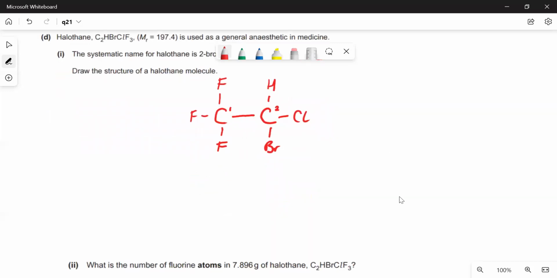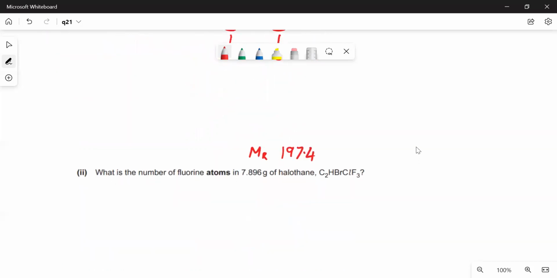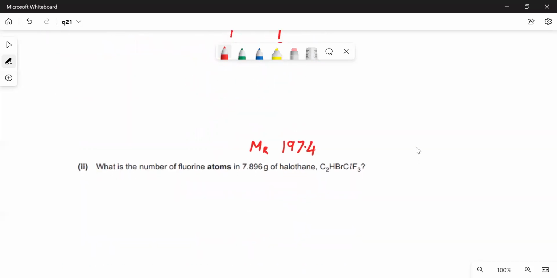What is the number of fluorine atoms in 7.96 grams of halothane? Well, to save a bit of time, it tells us that the MR is 197.4. So we've got to find out the number of atoms. We need to find out the number of moles and then multiply by Avogadro's.